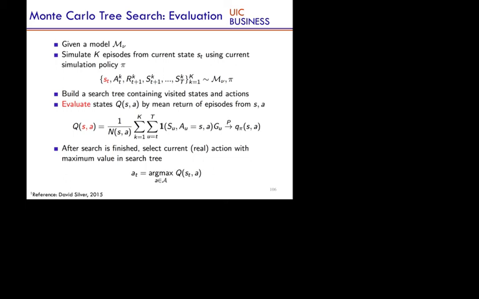So how is it going to work? Monte Carlo tree search actually has 4 steps, but we're going to focus on one step, the evaluation step, and just club the other 3 steps together to understand the algorithm, because this is one of the key steps. The evaluation step is where you simulate k episodes from the current state using the current policy, just as before.